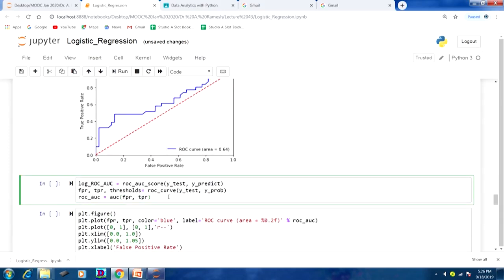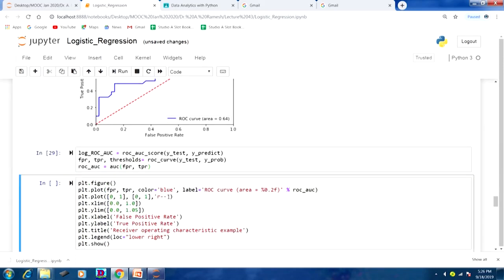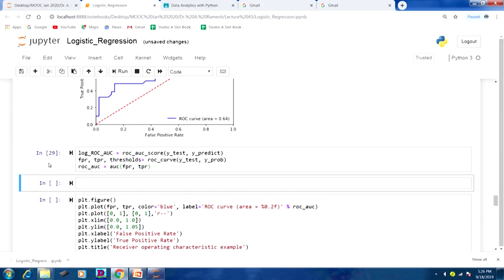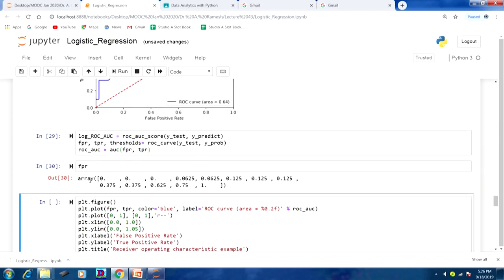Now, we will see different false positive rates and true positive rates. So, this was that one. Now, let us see what the values of our false positive rate are. First, I will say FPR. These are the different false positive rates.